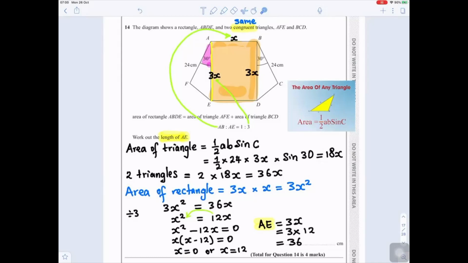You factorize. x is common, so x bracket x minus 12 equals 0. So either x is 0 or x is 12. So that means AE is 3x, 3 times 12 is 36. So AE is 36.